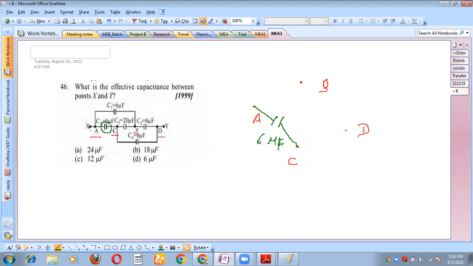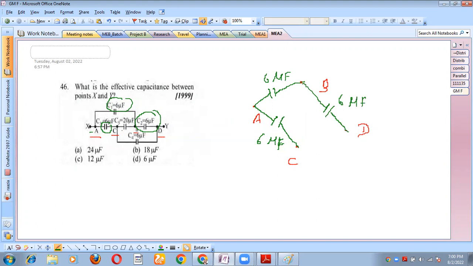Now see the points A and B. We have one capacitor connected between A and B, 6 microfarad. So again connect a capacitor like this. Then between B and D, again you have 6 microfarad.